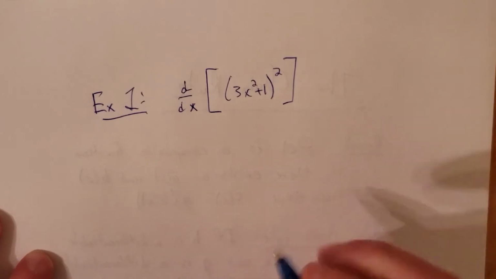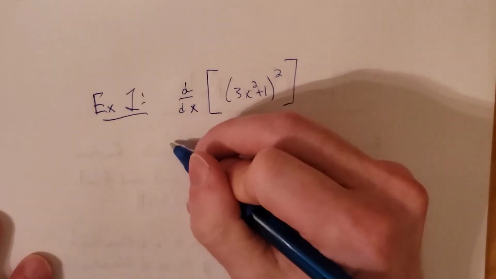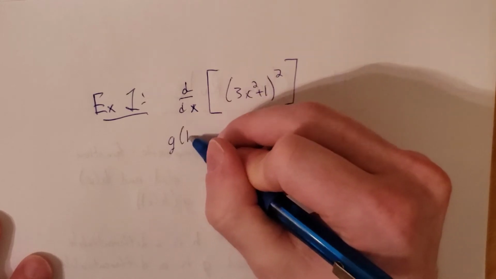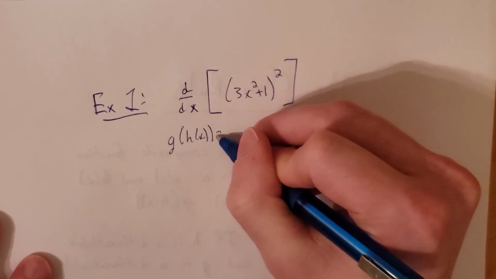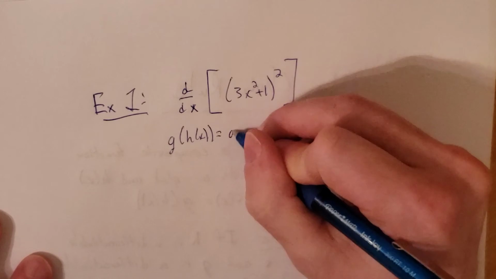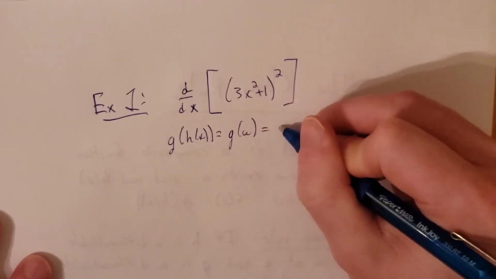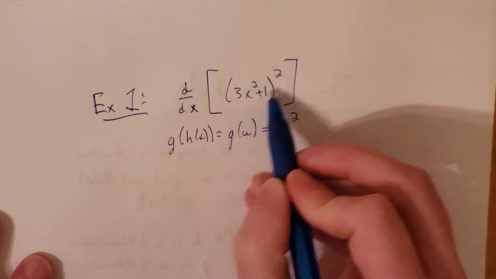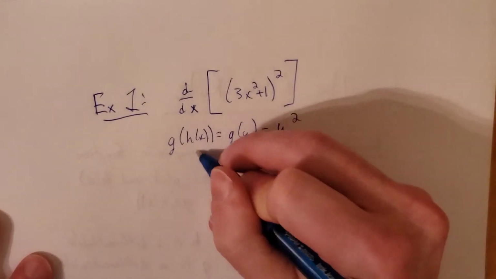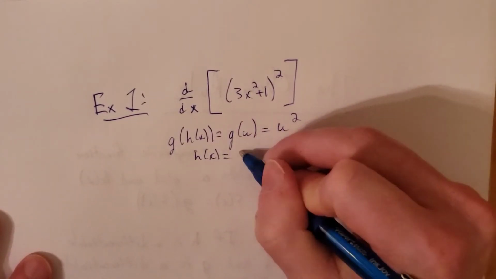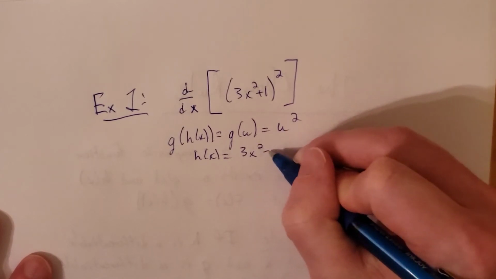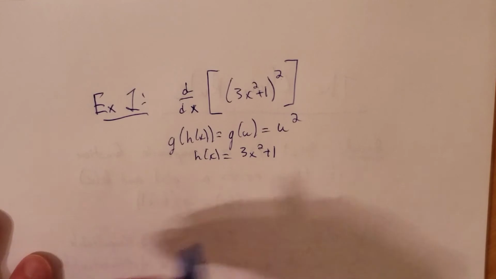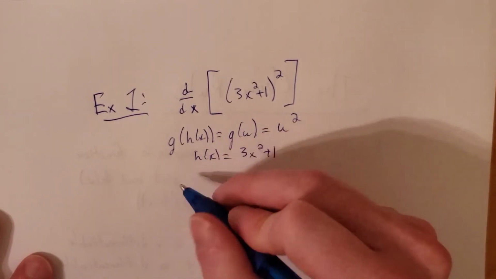So here, the outer function is u squared, right? We have some quantity here squared. And so this tells us that h of x, our inner function, is 3x squared plus 1. So let's do the chain rule now.